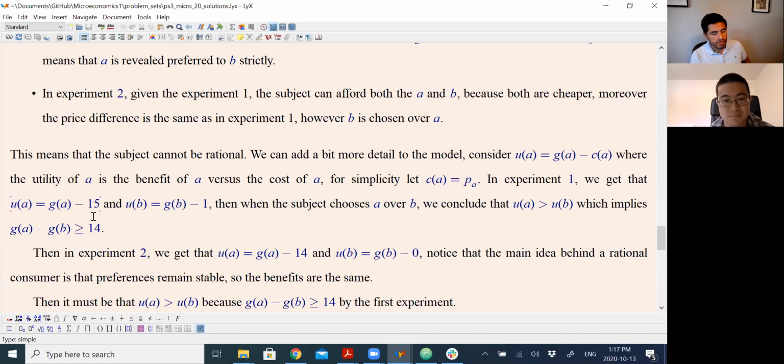So this is the assumption on which, following this book, you cannot be rational, right? But the question, and I think Tyson got it correctly, is why should it be benefit minus price? Maybe it's benefit divided by price, right? So the price affects this utility in an inverse multiplicative way.